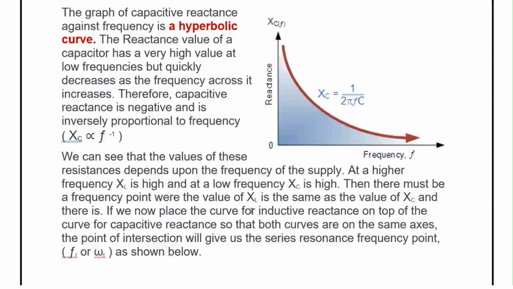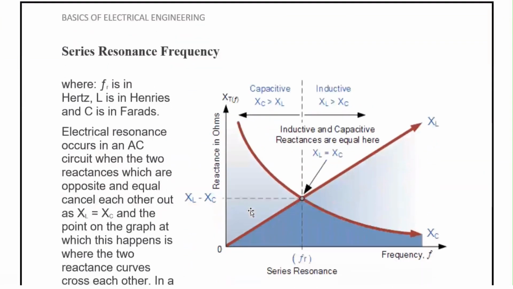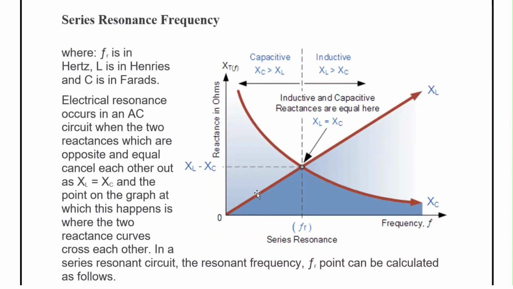Now, if you take both together, then you will find on one side reactance in ohms, and your x-axis has the frequency. This is the capacitive reactance, and this is the inductive reactance plot, and they cross each other at a point. And at this place, XL and XC are equal.